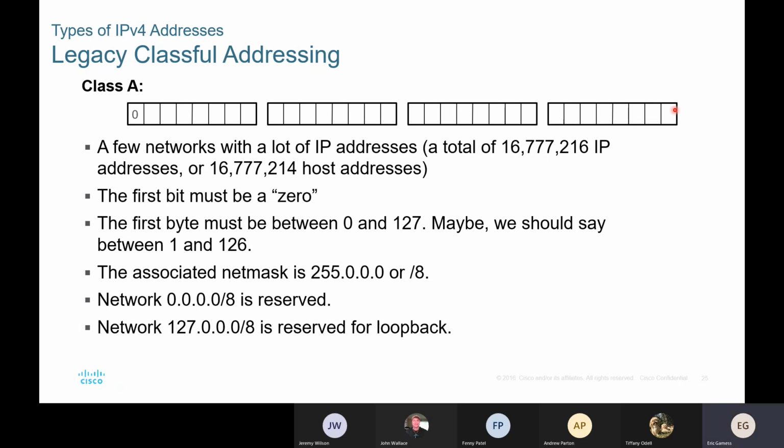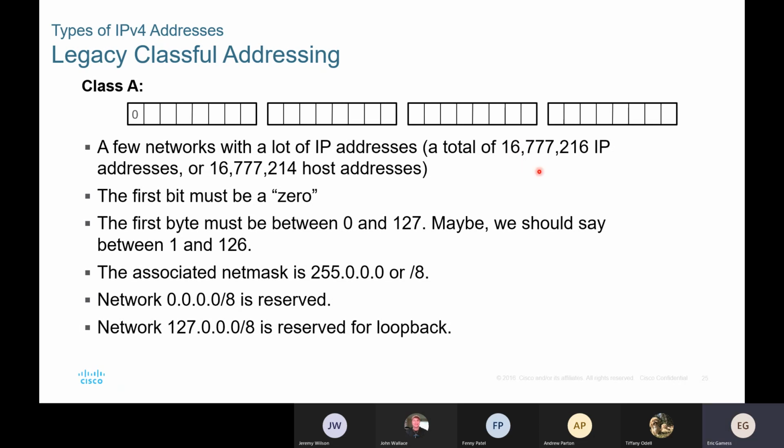So 2 times 2 times 2, 24 times, will be 2 to the power of 24. So in each network, we have 16,777,216 different IP addresses. So as you can see, in class A, we have very few networks. We have 128 networks, but they are very huge because each network has more than 16 million IP addresses.